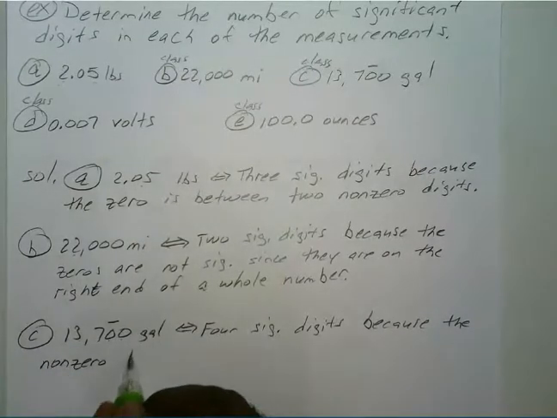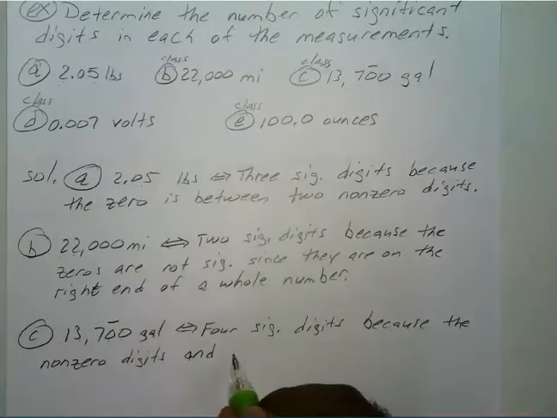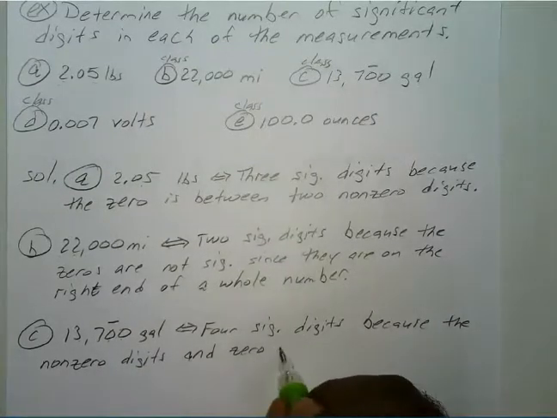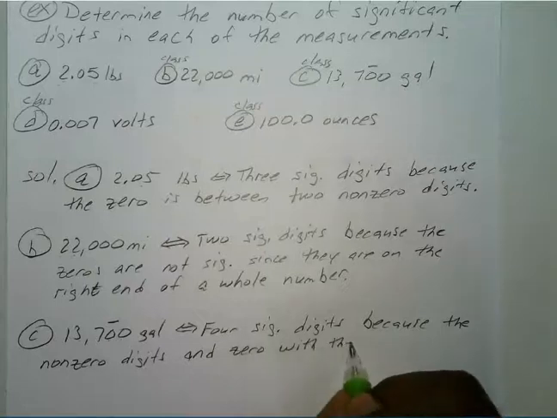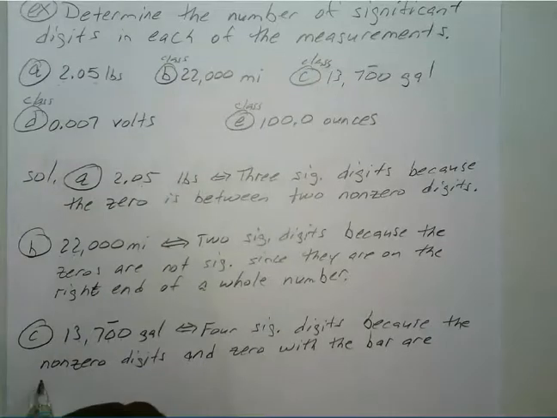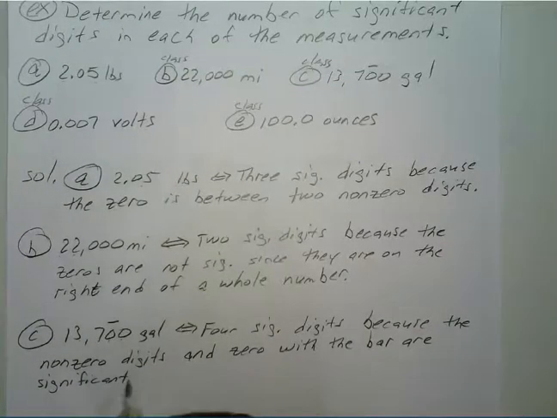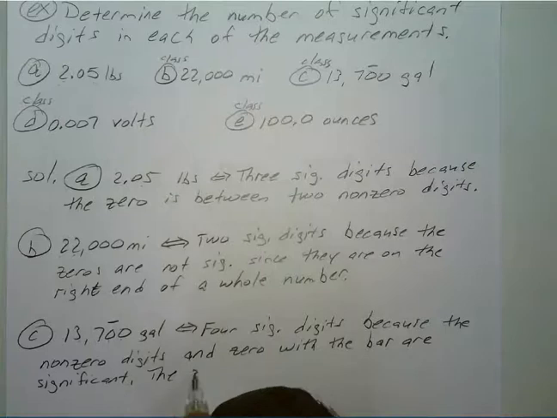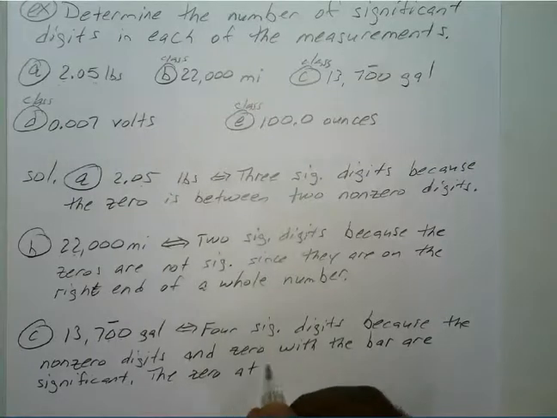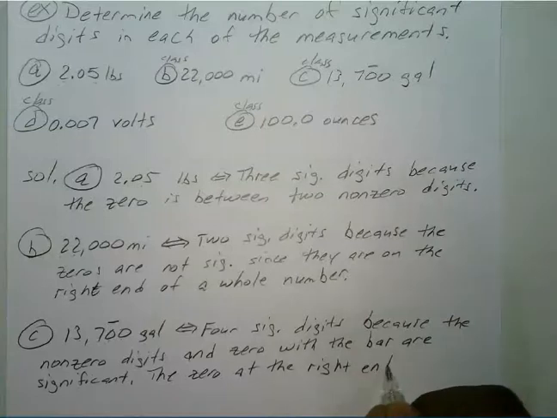Non-zero digits and 0 with the bar are significant. The 0 at the right end is not.